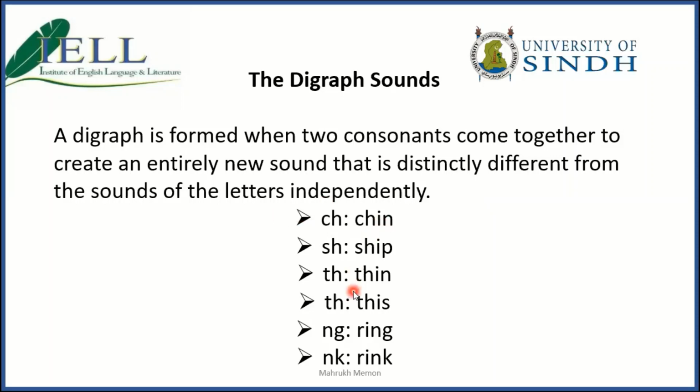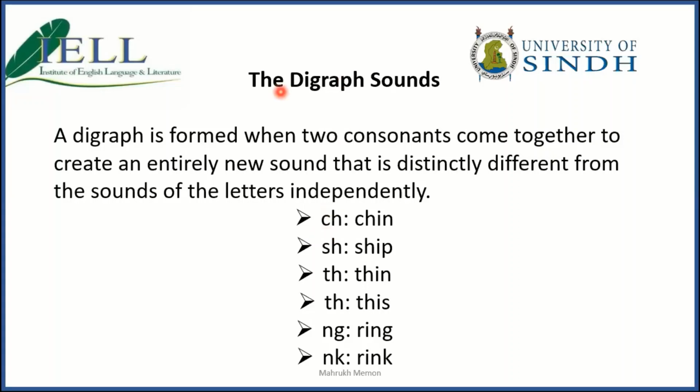We already saw examples, as for example C and H. If we write them separately, C is the S sound and H is the h sound. But when we are writing them together, it gives us the sound of ch.